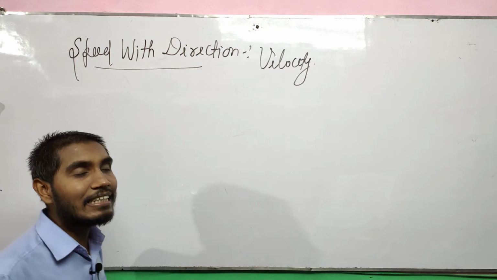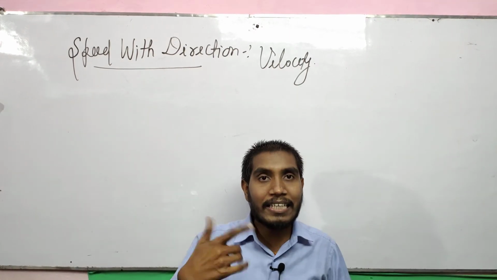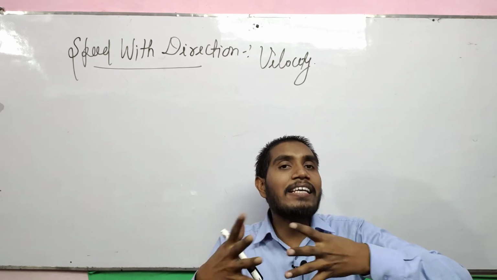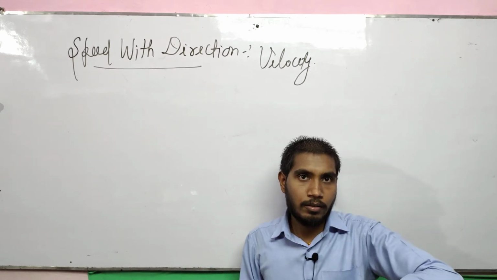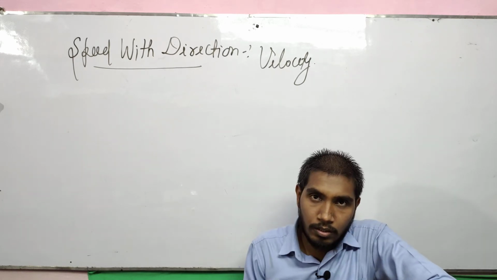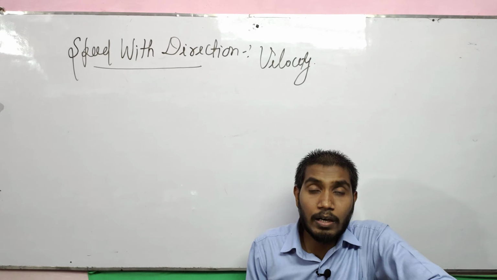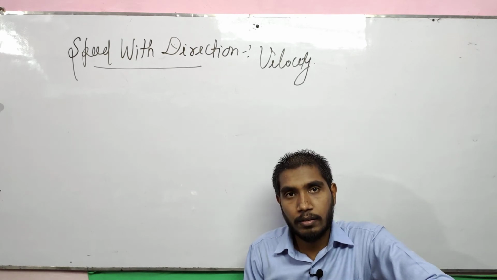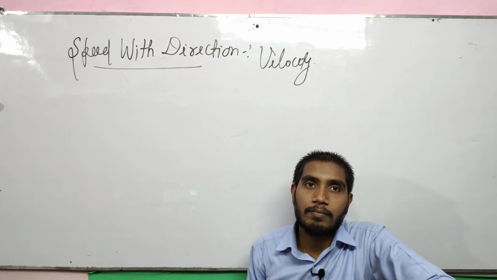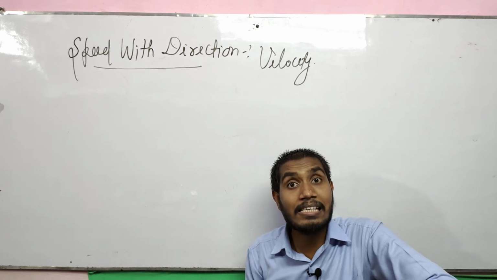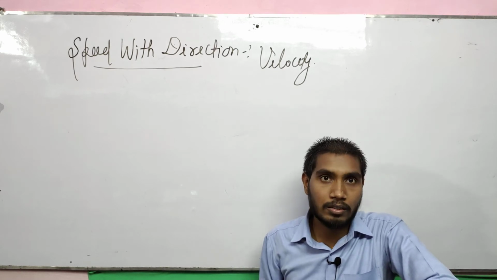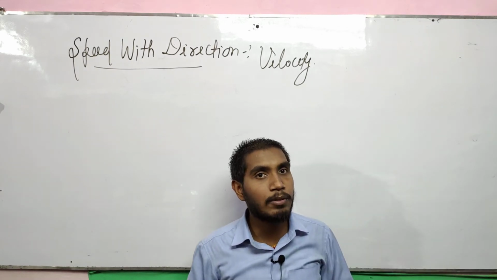So the quantity that represents both, what both? Distance and direction, is known as velocity. So what is the definition of velocity?